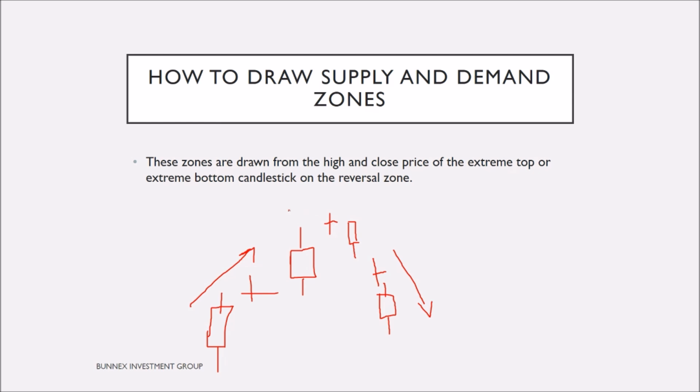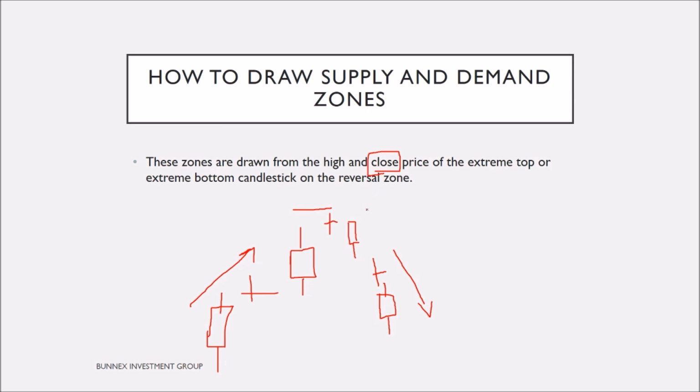So at this point, as you can see, we have actually got a reversal zone, and this is how you draw a supply zone in this scenario. High and close price. Actually, it was high and low.